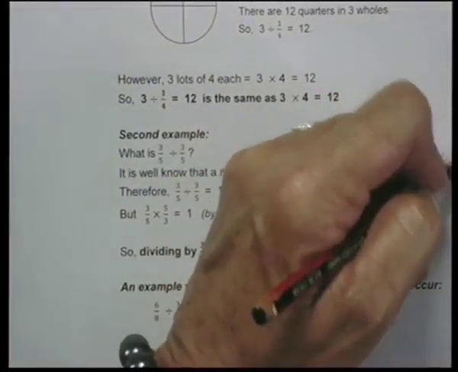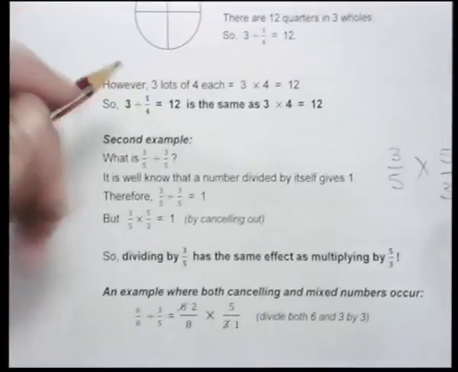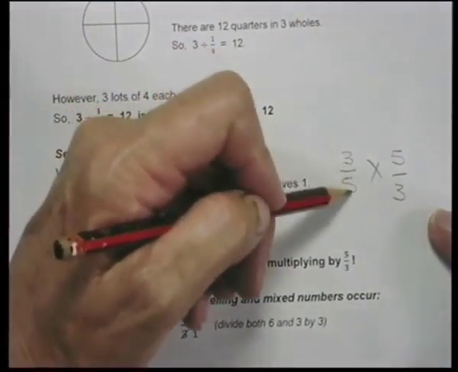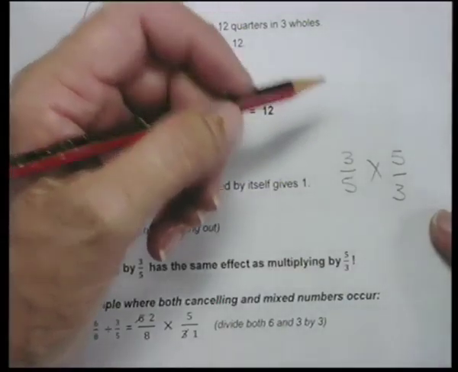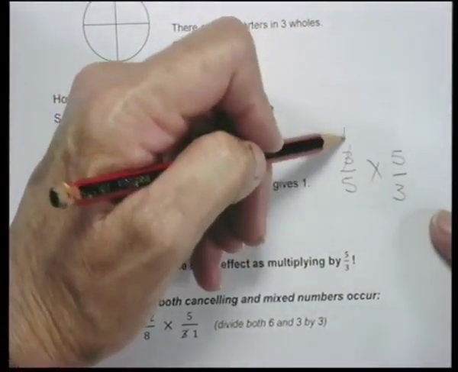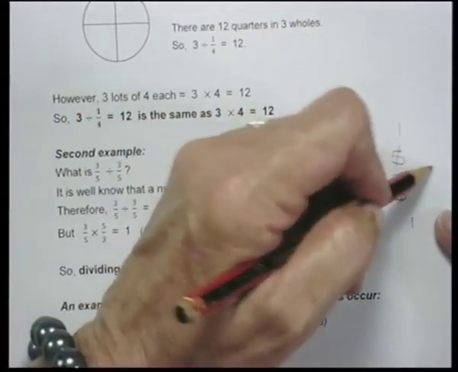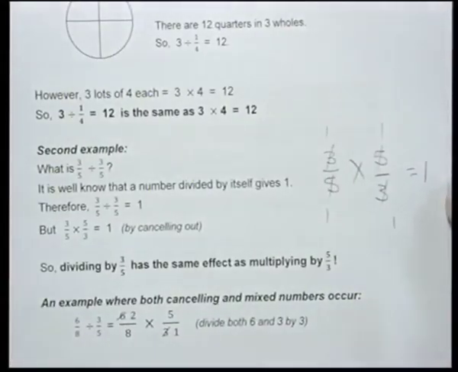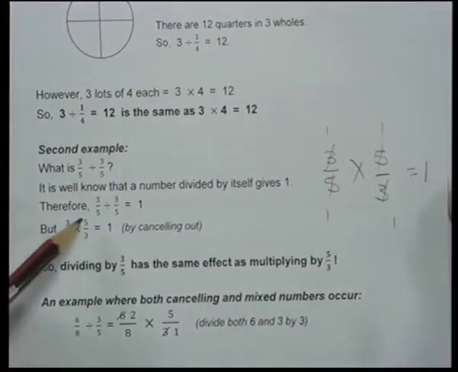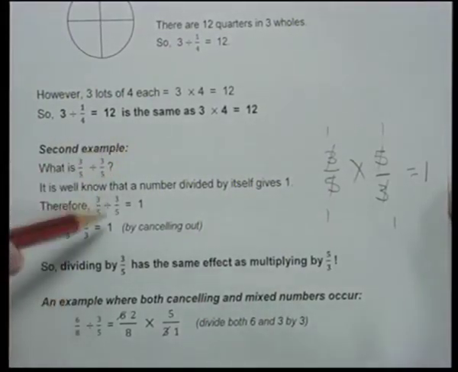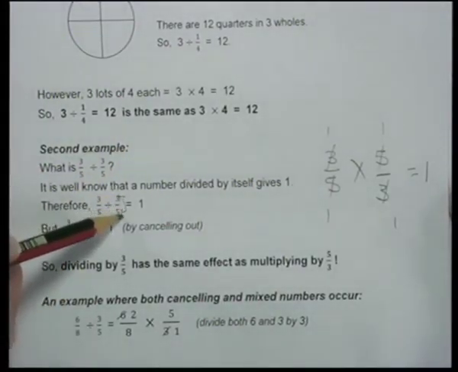So 5 divided by 3. 3 divides into 3 once and once. 5 divides in once. So the answer is 1. So we multiply with a reciprocal. We switch the 3 and the 5.